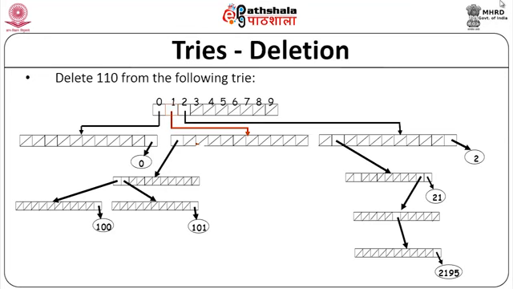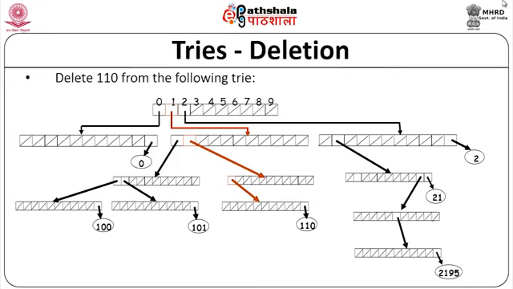Please note how the deletion goes up the tree. If you have only one pointer, and the node to which it points is deleted, the previous node also has to be deleted. I will just show you this once more. So, this was 110. From the node in the root and the first level, you had a pointer to two things, and from the second level you had only one pointer. So, now this node is deleted.